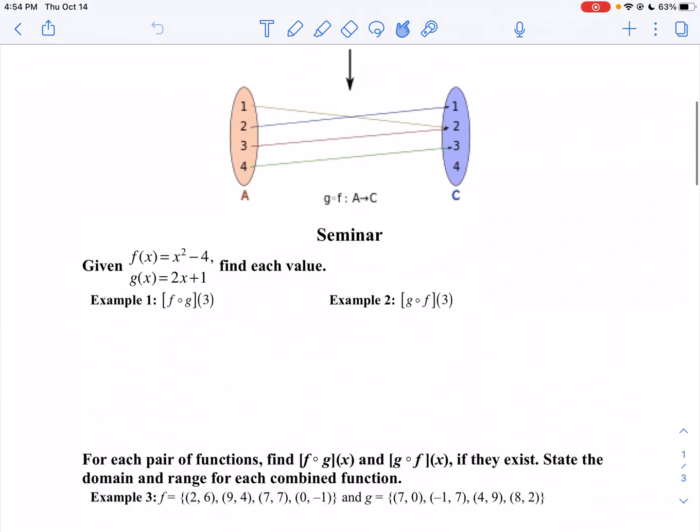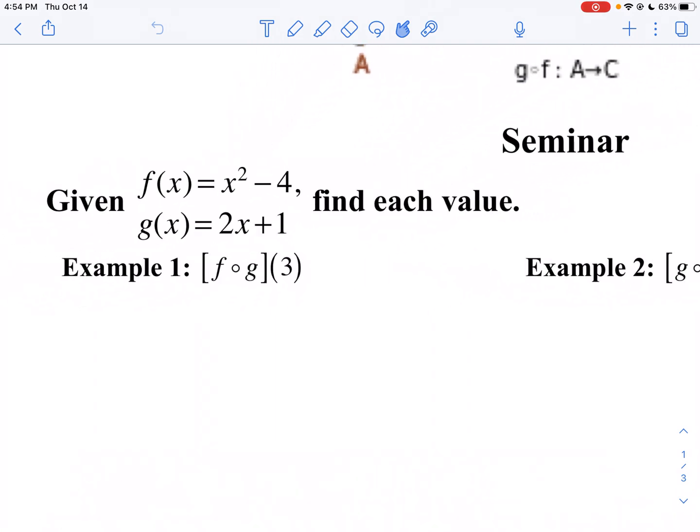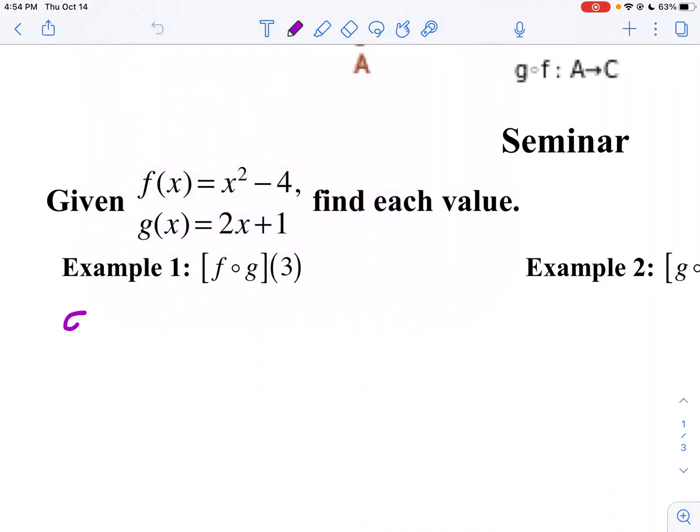When we do have a composition of functions, we work from the inside out. So first off, on example 1, I'm going to find the composition of functions f of g of 3. So the first thing we're going to do, let's find g of 3. So g of 3 is 2 times 3 plus 1, which is 7.